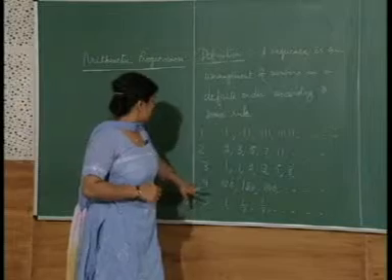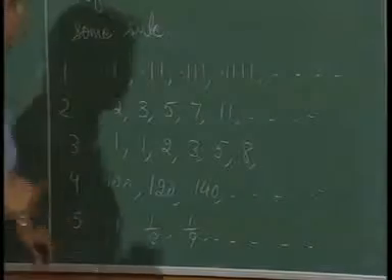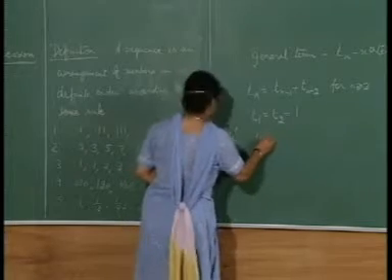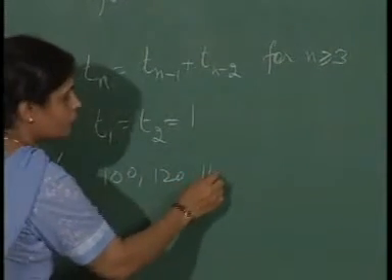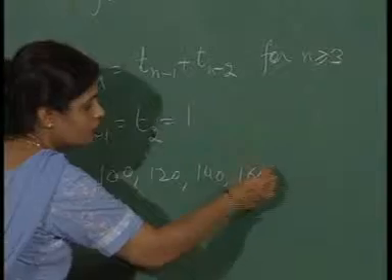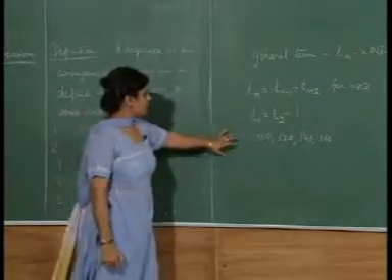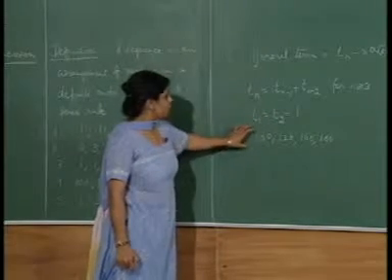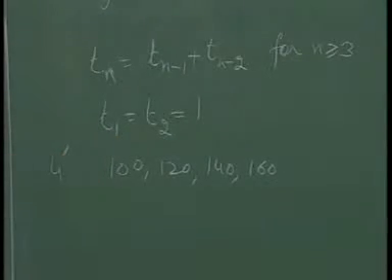But suppose in place of 4 and 5, I just write down the series 100, 120, 140, 160. Then this is a sequence in which I only have 4 terms. This is a finite number, therefore this is a finite sequence.